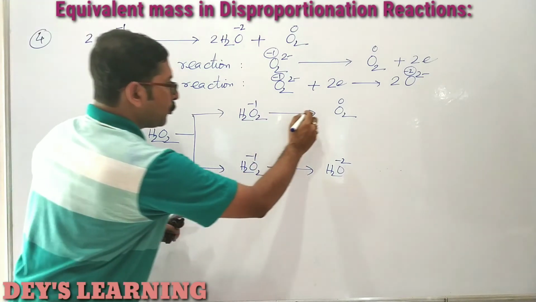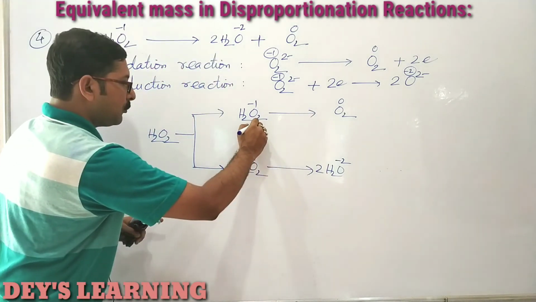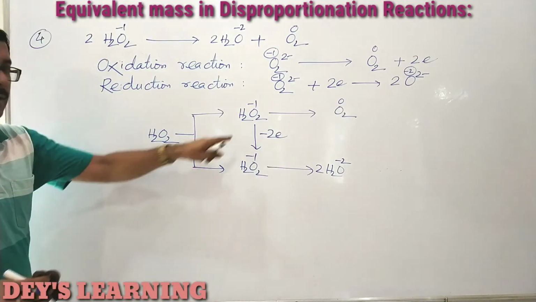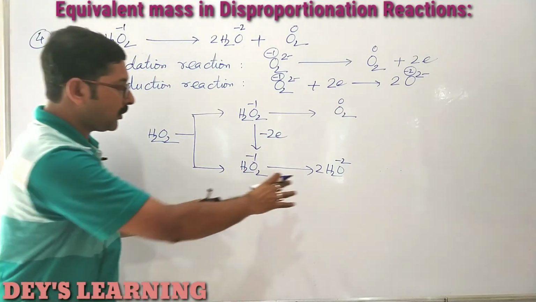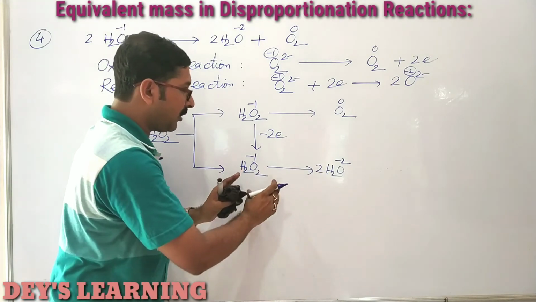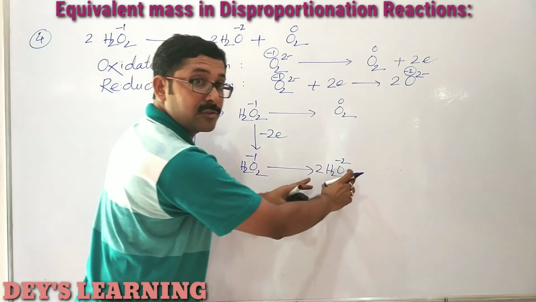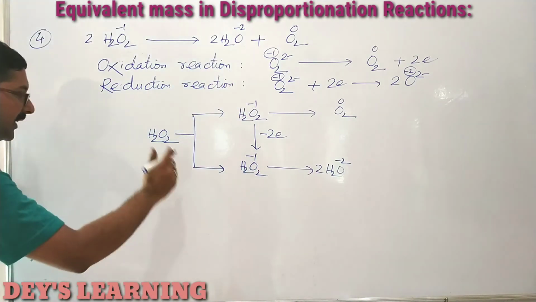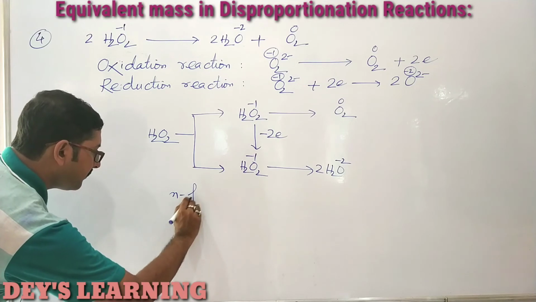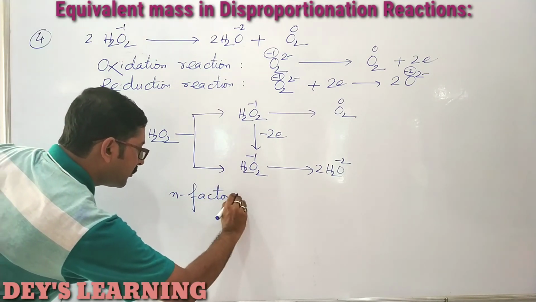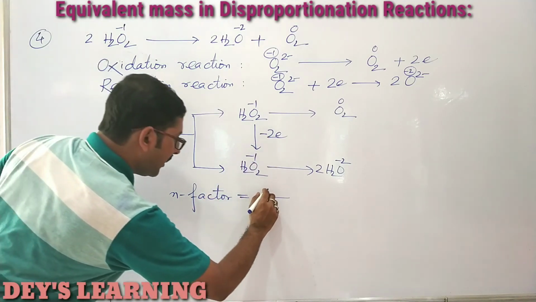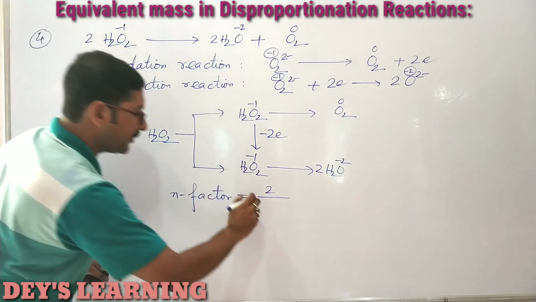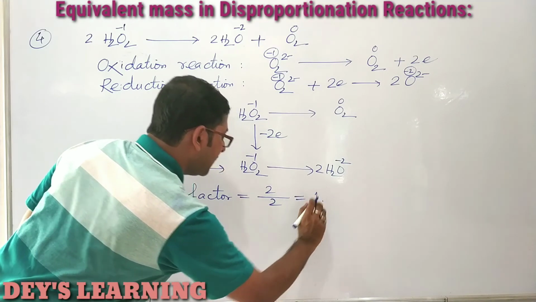So actually 2 electrons are released from here and go here to produce water. H2O2 is oxidized to oxygen and H2O2 is reduced to water. So we can calculate the N factor as the total number of electrons transferred, this is 2, divided by the total number of molecules involved, this is 2. So the N factor is 1 here.